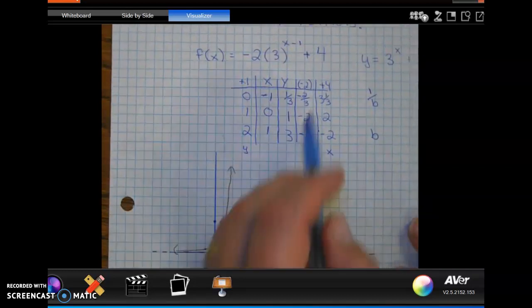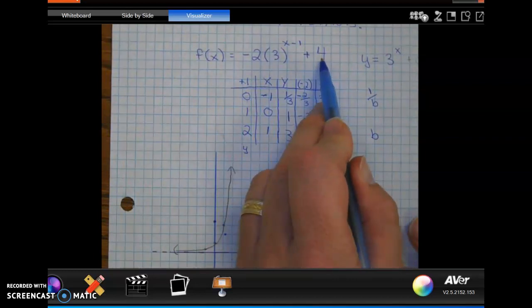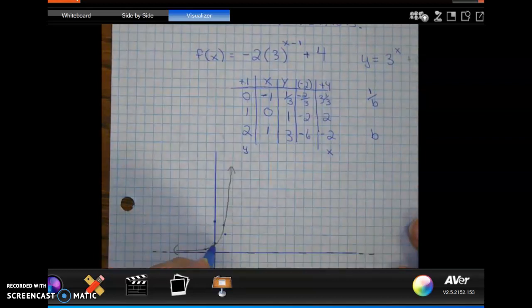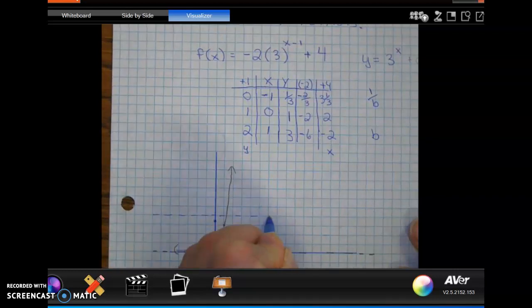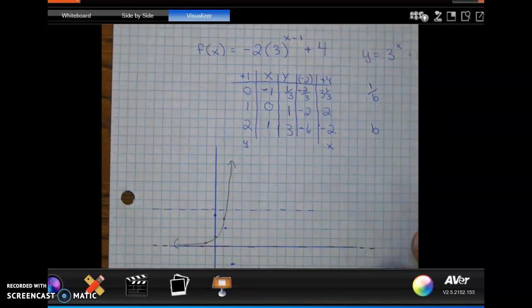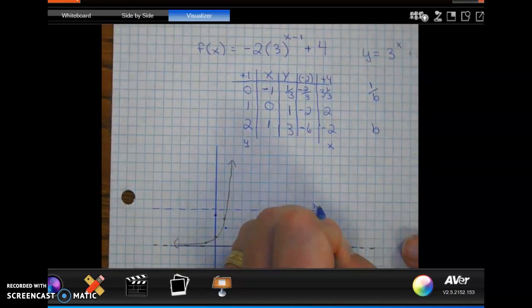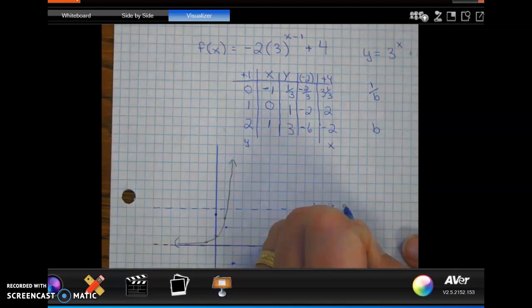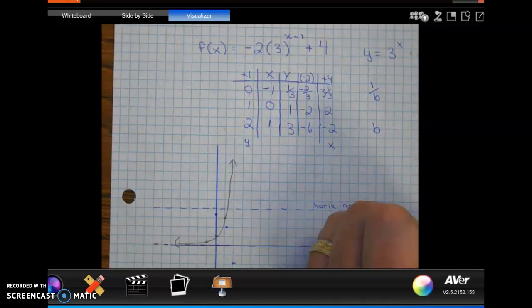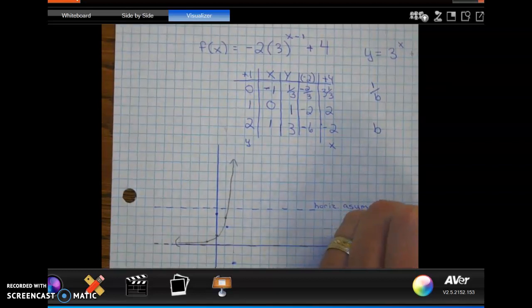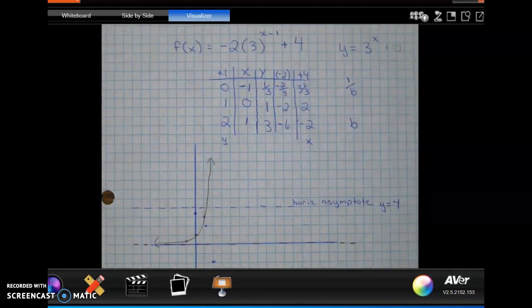So in this case, our k value is 4, which means our horizontal asymptote is going to be y equals 4. So 1, 2, 3, 4. Okay, that's our horizontal asymptote. It's always related to k in the function. It's always related to the k value.